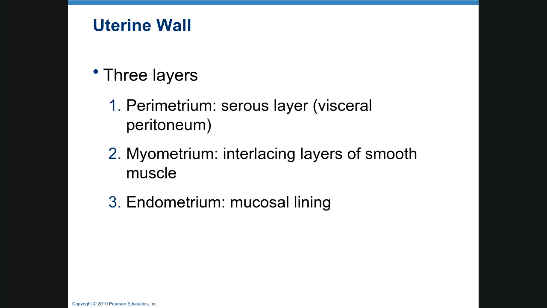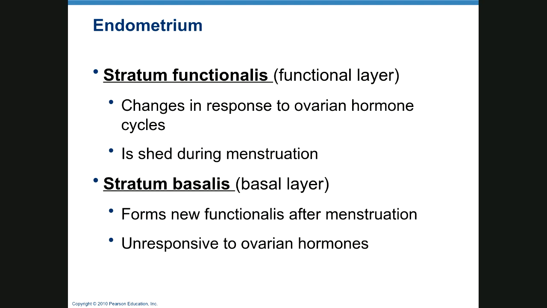Now there's 3 layers to the uterine wall. Perimetrium, which is the serous layer, which is the outer layer. Myometrium, these are the muscles. Endometrium is the mucosal lining. So you've heard of endometriosis. It's the inside lining that goes awry.